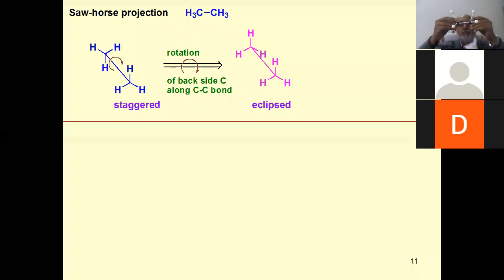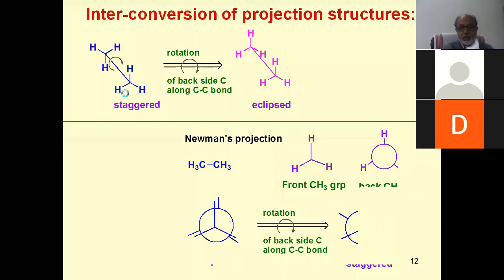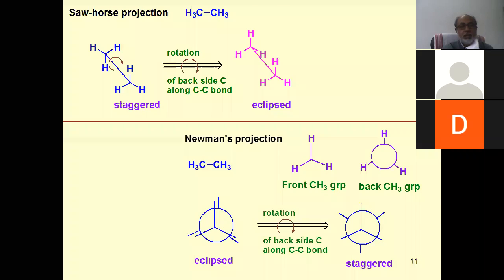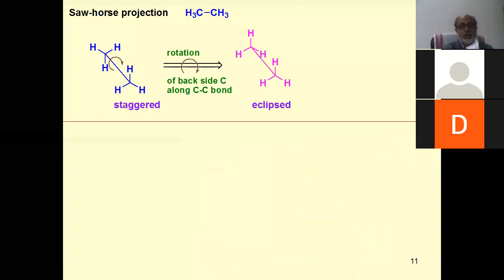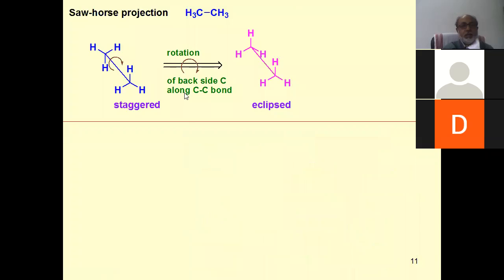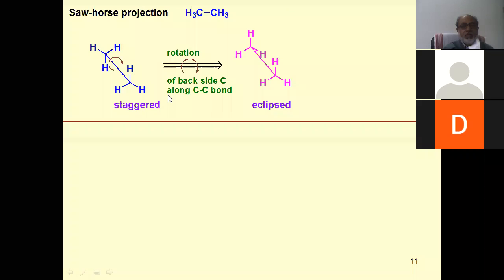Now, what we find in Sawhorse projection, these two can be shown like this, as we see here. Let me just come with the pen.